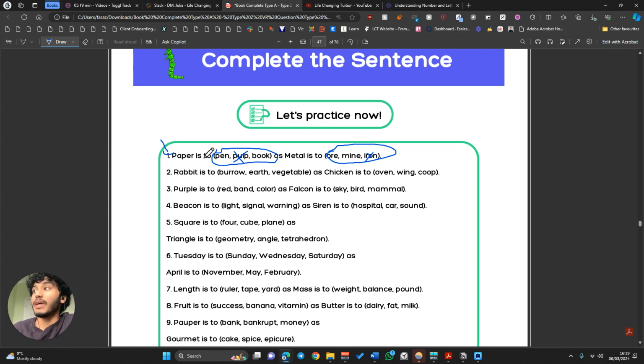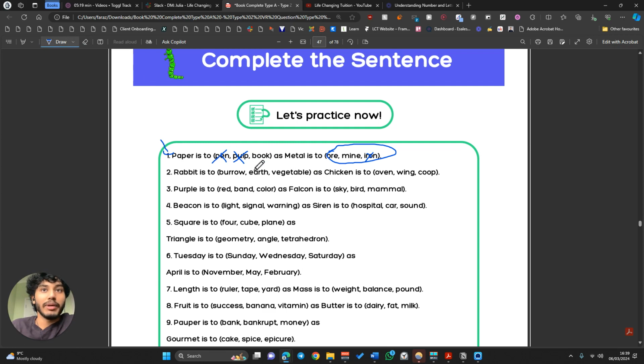The only relationship there is pen is used to write on paper. There's nothing here used to write on metal. And if there was something here used to write on metal, if one of the words was, I don't know what you'd use to write on metal, but if it was a word like that, then the relationship would work. But it wouldn't work without that.